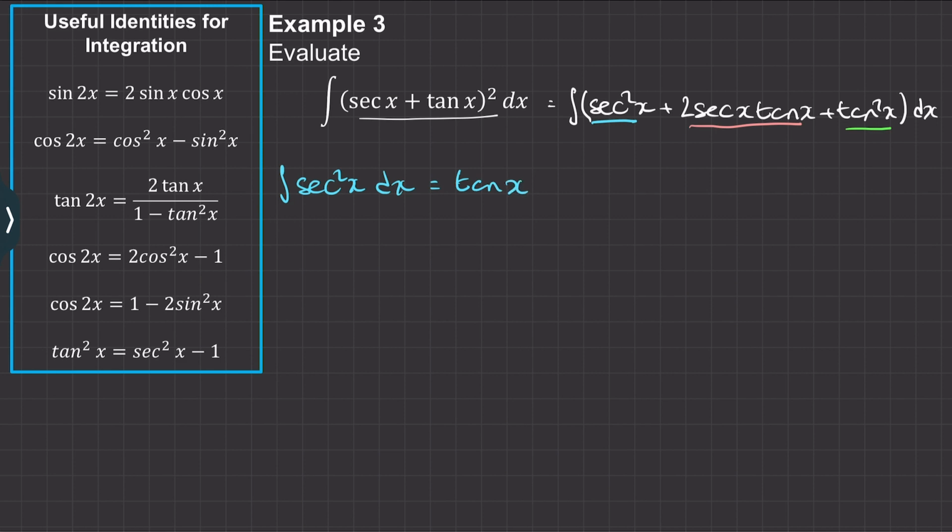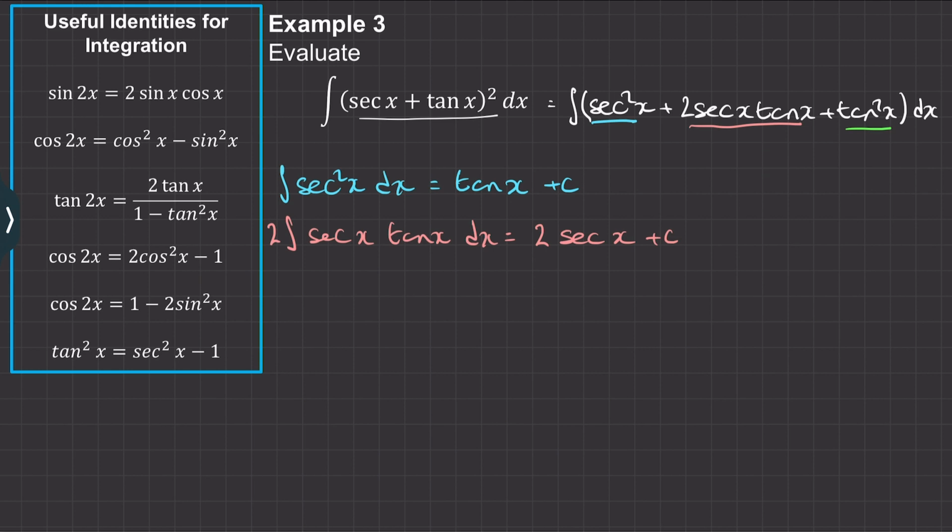Then the next one, we have 2 sec x tan x integrated with respect to x, where we can move the 2 out into the front, and we know this is a standard integral, and it integrates to make sec x. So this will be 2 sec x plus c. We should have a plus c here as well.